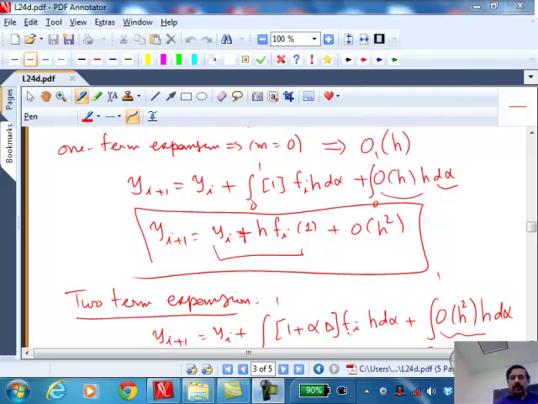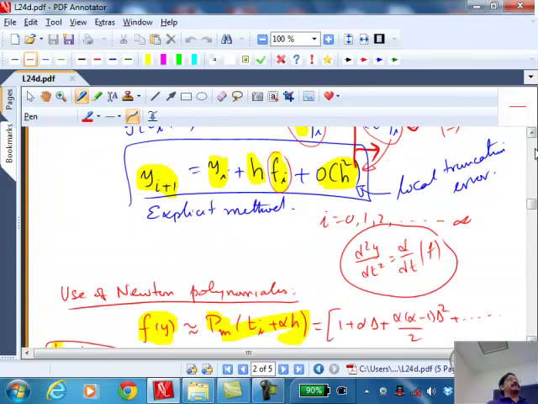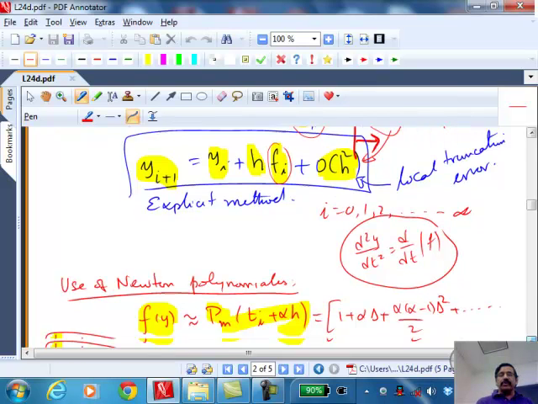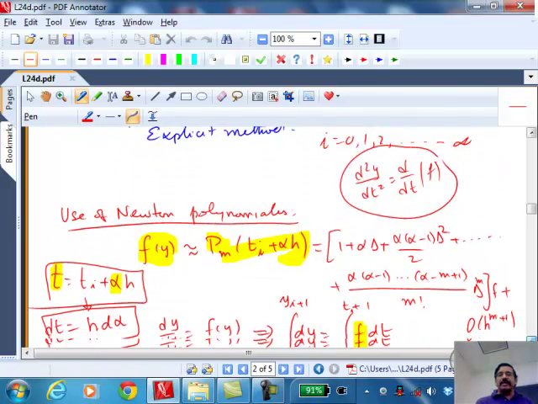Okay, so in the last lecture we looked at a number of important but very elementary ideas on solving ordinary differential equations of the initial value type. And we saw that we could develop that from Taylor series, or we could develop from using the Newton polynomial, as you see here.